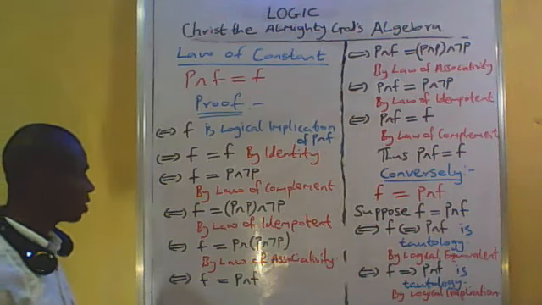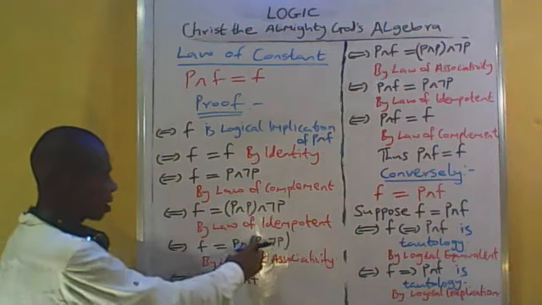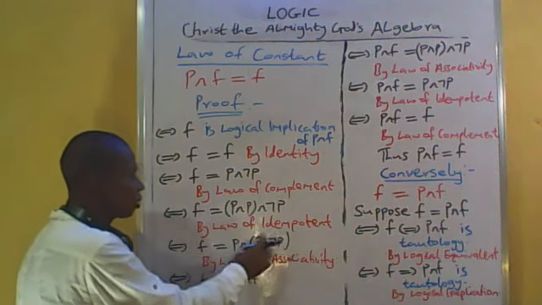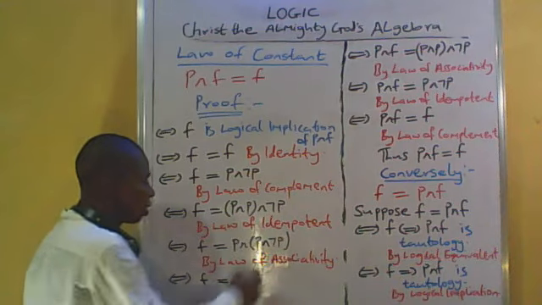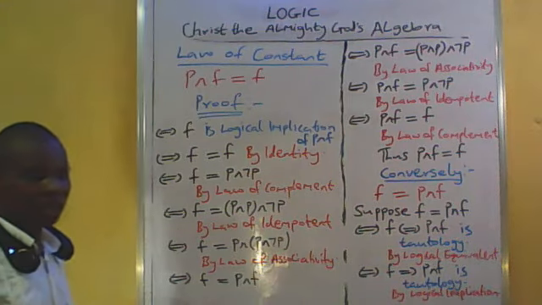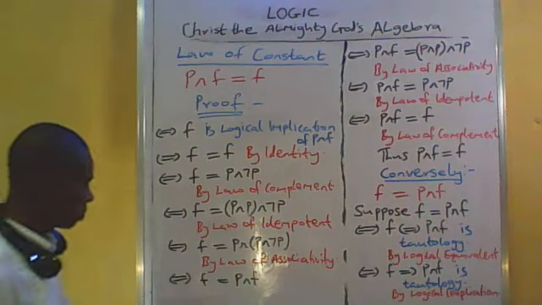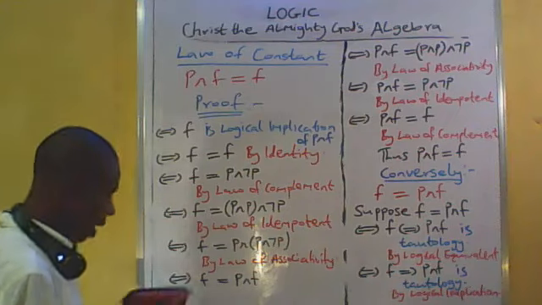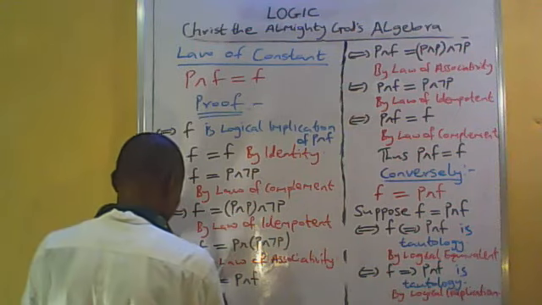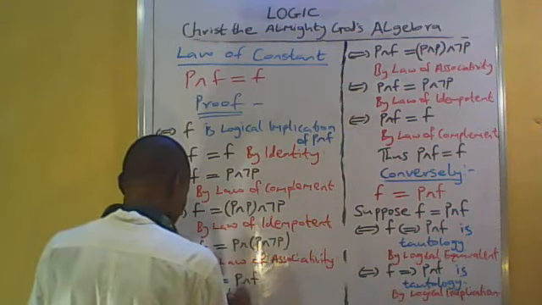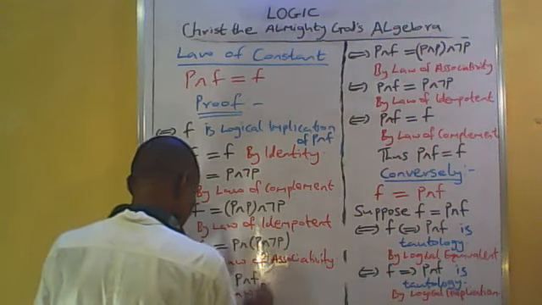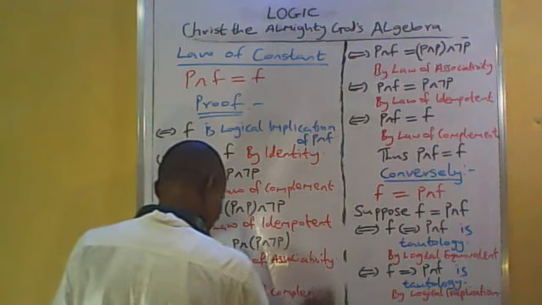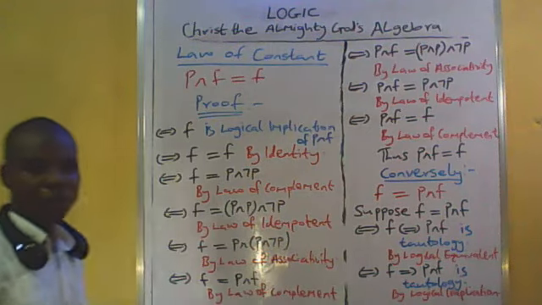So we replace p and not p with f because they are logically equivalent. That's why you have f is equal to p and f, being justified by the law of complement.